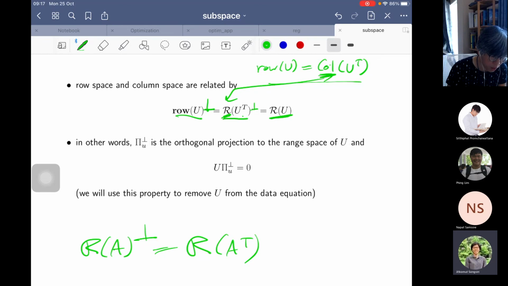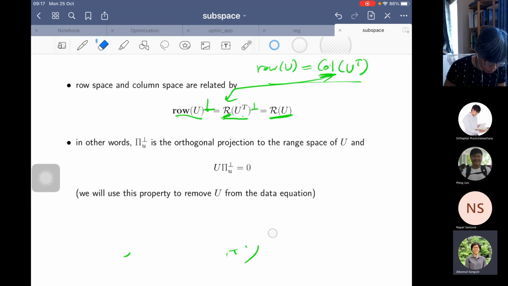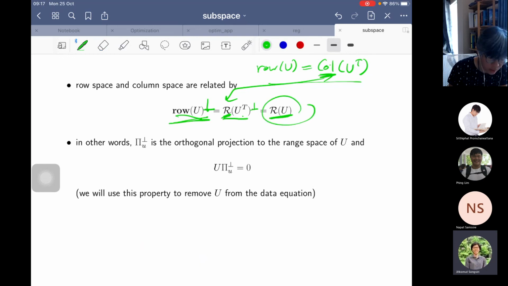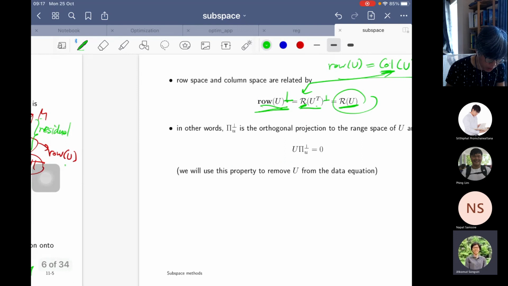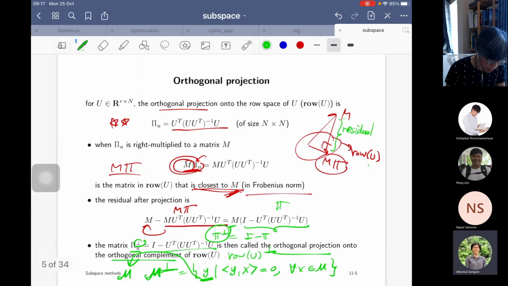So basically what I'm trying to say here is that the orthogonal complement of the row space of U is actually the column space of U.